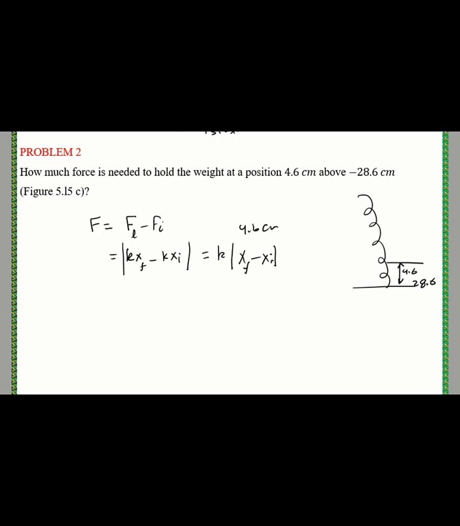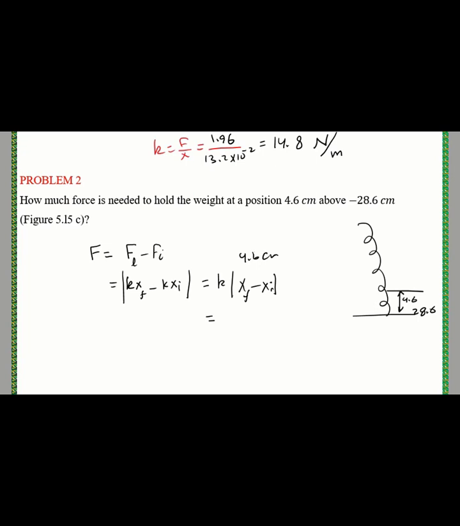So this is the delta x. And we have k from the previous one, 14.8, times the distance, 4.6 times 10 to the minus 2 to be in meters. 14.8 times 4.6 e to the minus 2 gives 0.6808.